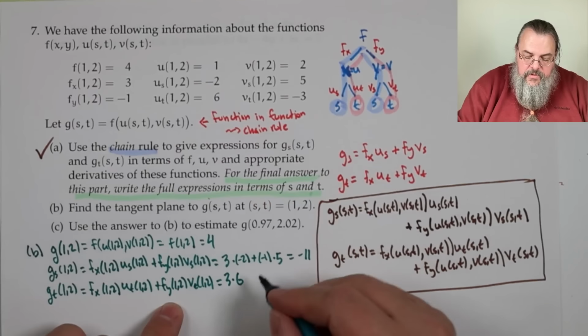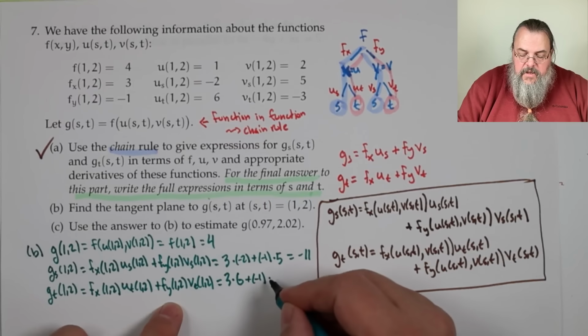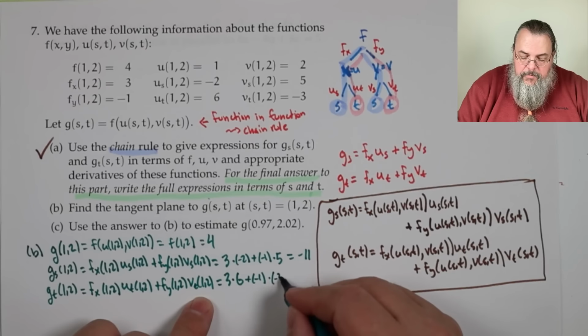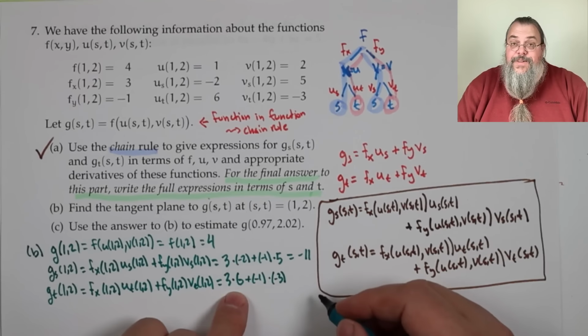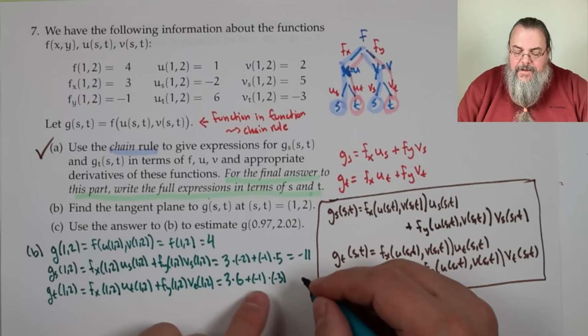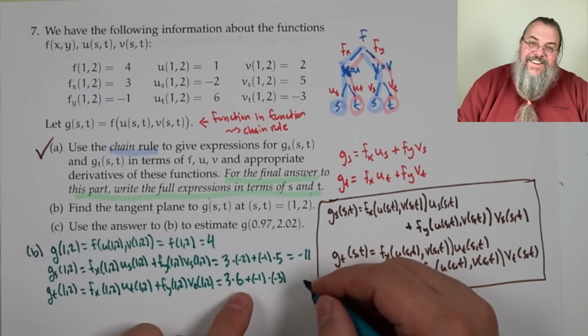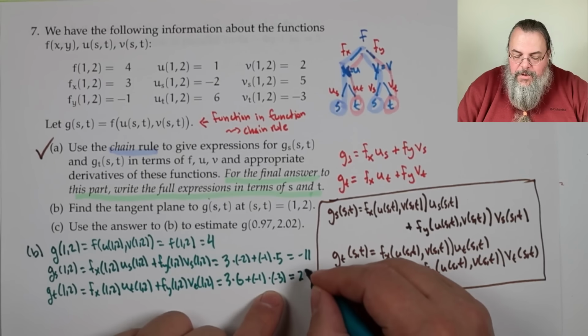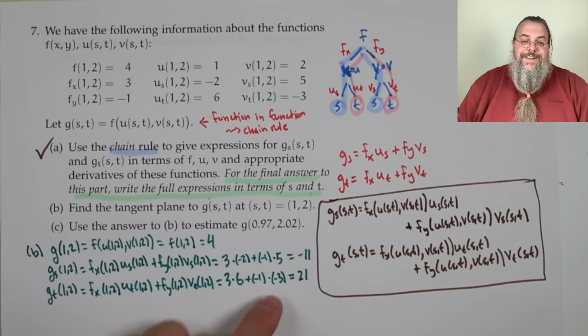F sub y at 1, 2, still -1. And v sub t at 1, 2 is -3. So you get 3 times 6 is 18. -1 times -3 is 3. Sorry, I'm getting ahead of myself. 18 plus 3 makes 21.